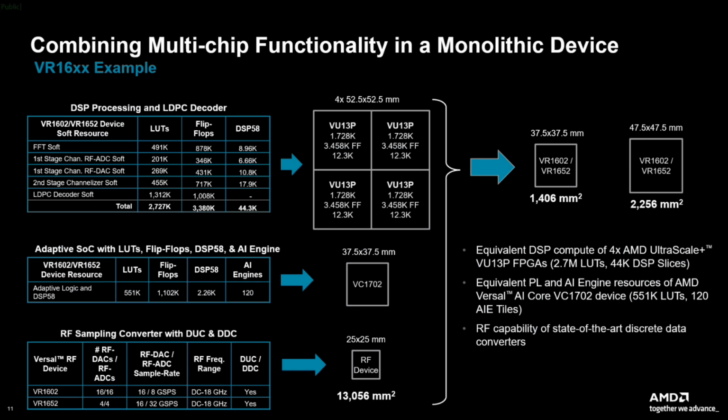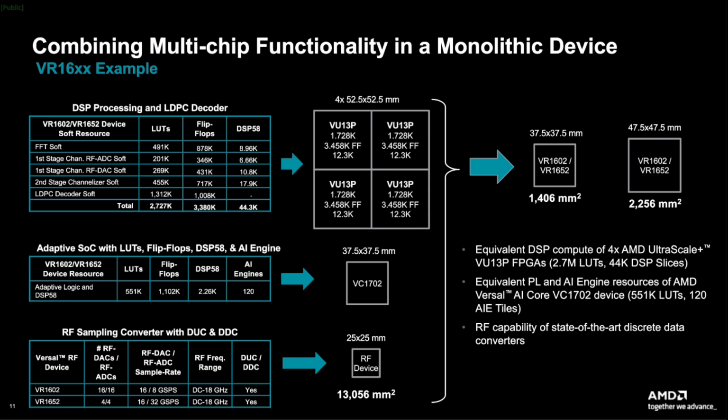Just as a quick summary of what you can do with this part, if you added up all the DSP processing and the LDPC decoders that are in the 1602 and the 1652, it would take about 4 VU13Ps for the DSP count and the LUT count.